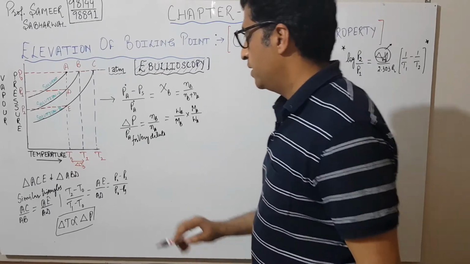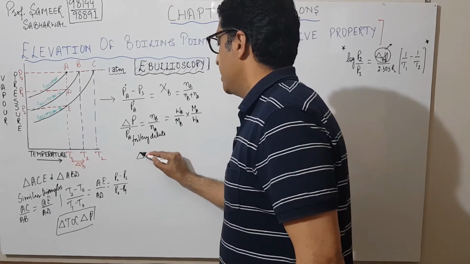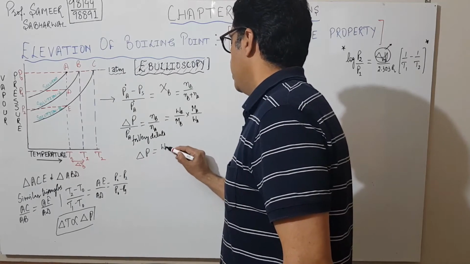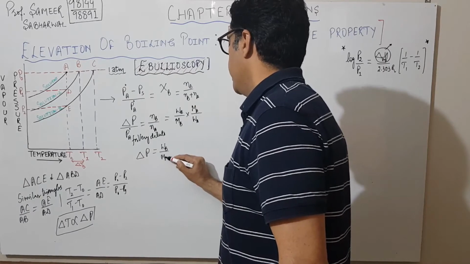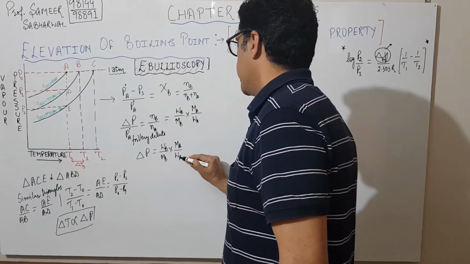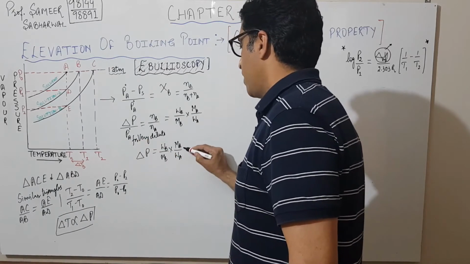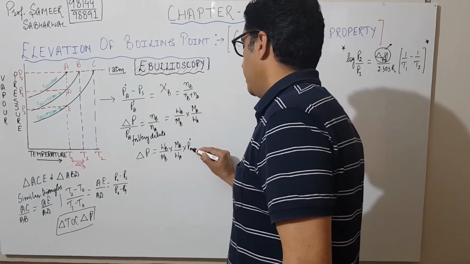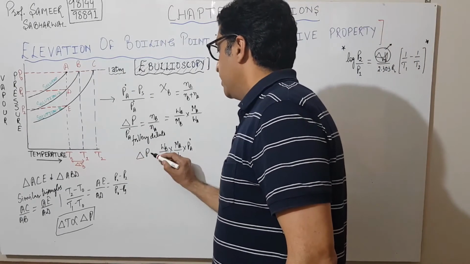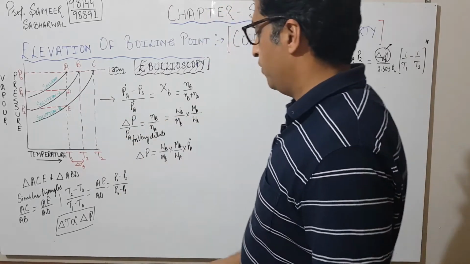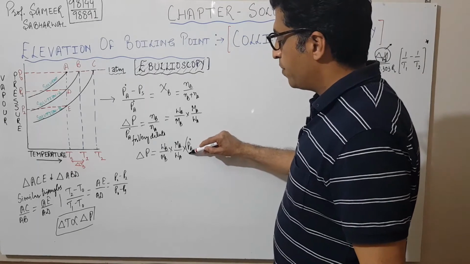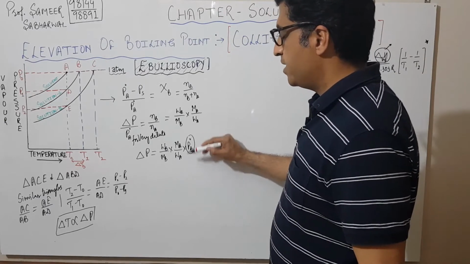Now students, I can rearrange this to be delta P is equal to WB over MB times WA. I have brought this P naught here. Now you can see that I have taken a particular solvent, and P naught A is the vapor pressure of the solvent in the pure state.